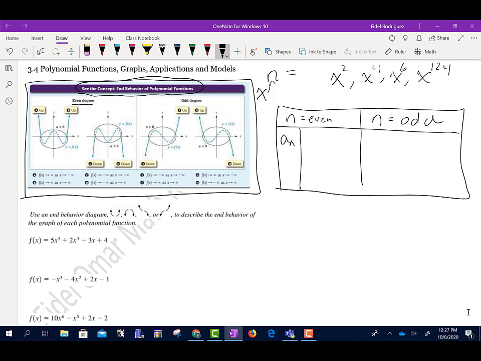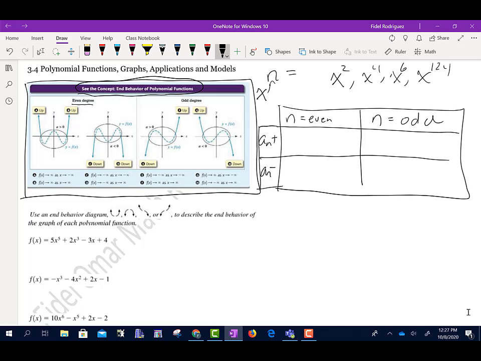and then we're going to figure out what happens when my leading coefficient, let's see if I can make this a little bit better. We'll do it over here. What happens when my leading coefficient is positive, and what happens when my leading coefficient is negative?